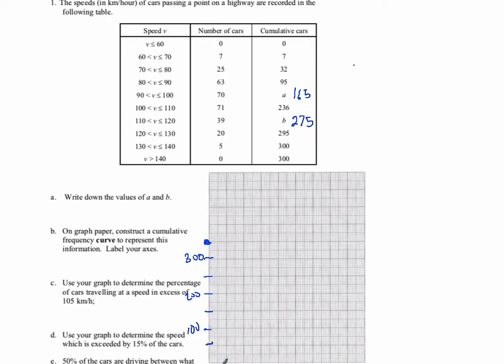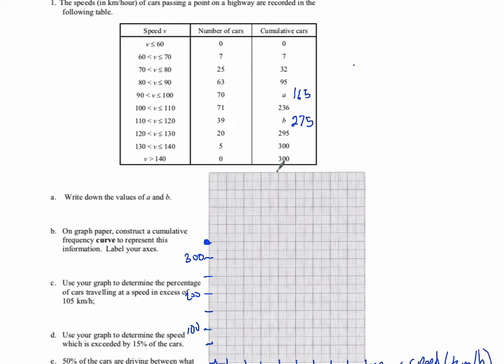And then the bottom is always whatever the data value is. This is speeds. It goes up to 140, but it kind of starts at 60. So I'll start at 60, and I've made a break in the graph, so you can make this symbol. 70, 80, 90, 100, 110, 120, 130, 140 is right there. Okay, so that's speed in kilometers per hour.